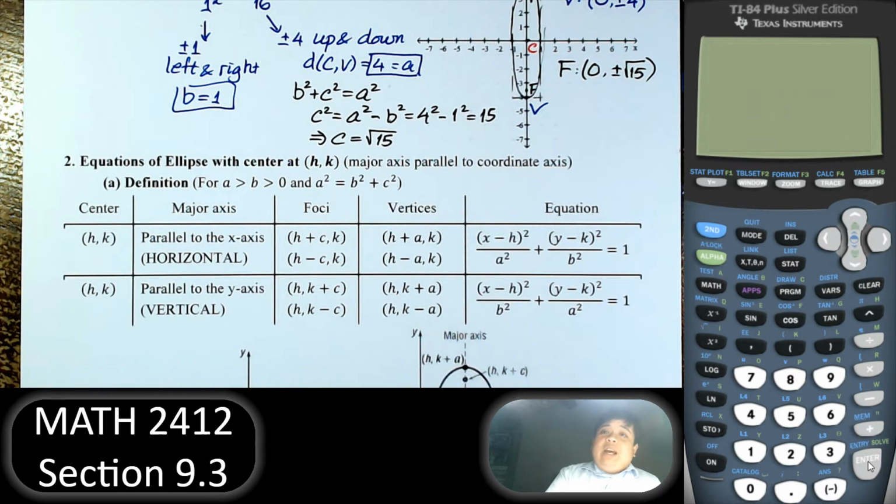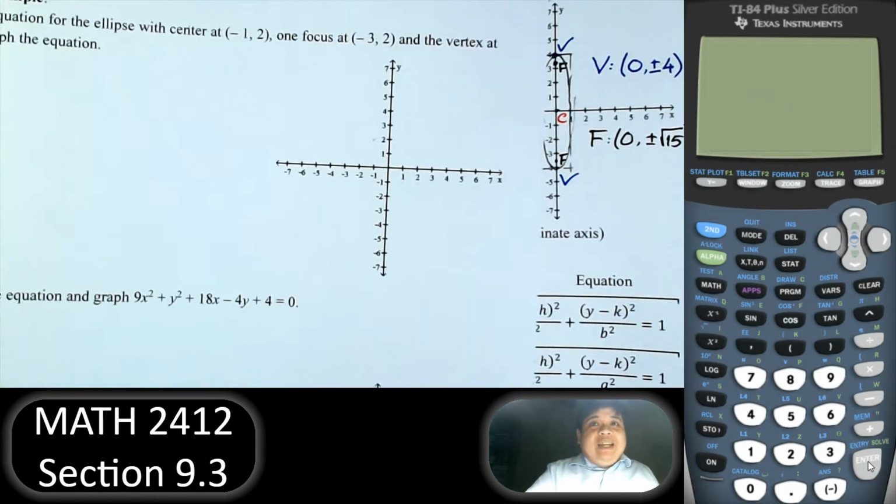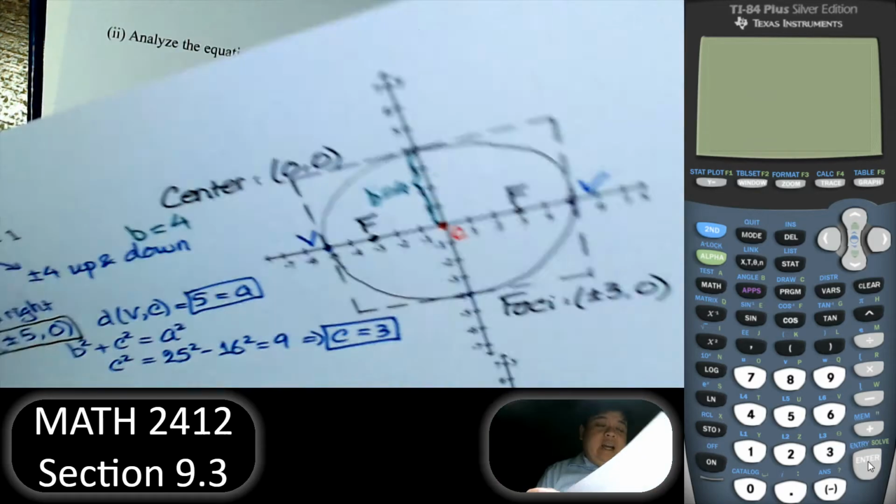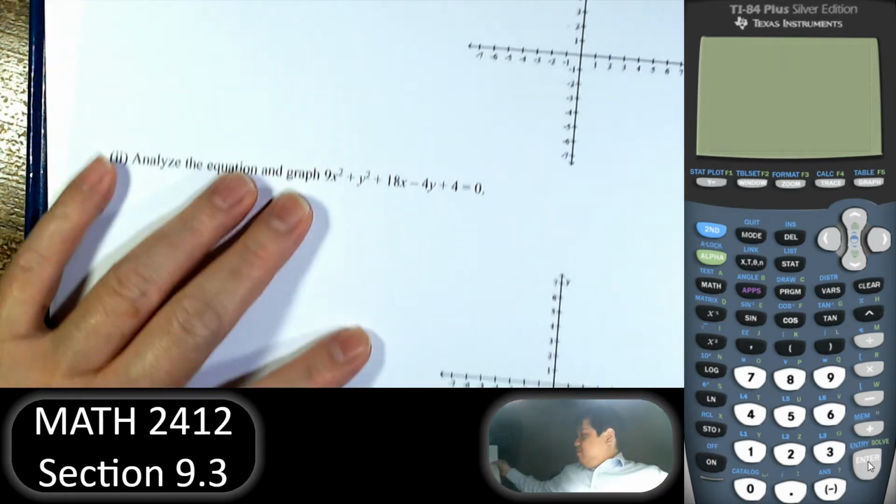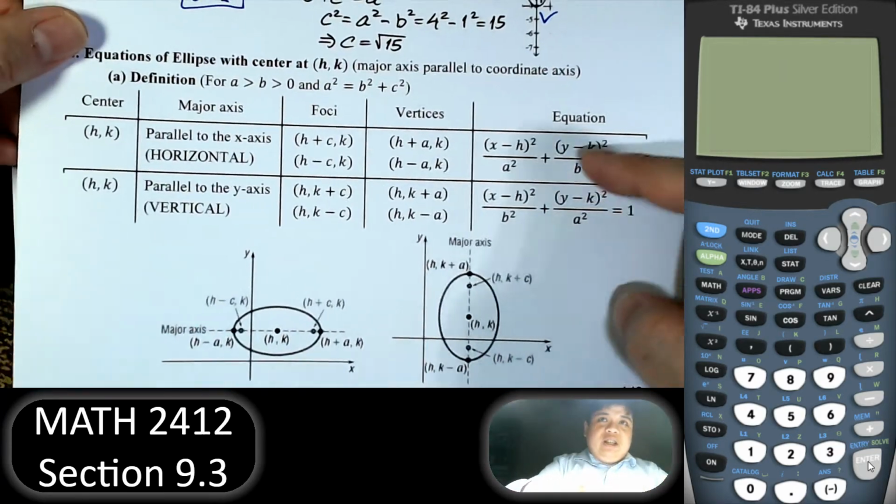It's always relating the graph, the equation, and the characteristics of that conic section. In this case, it's the ellipse. So we need to know the center, vertices, and foci. Of our A, B, C, we need to know 2 of them, and find the other. Okay, of course the equation is here.